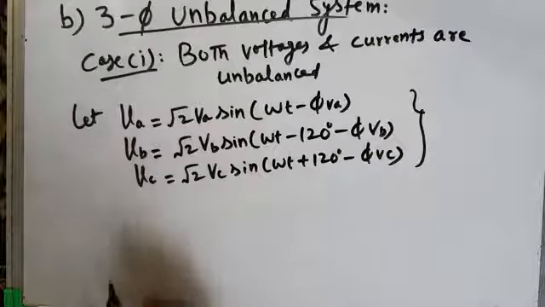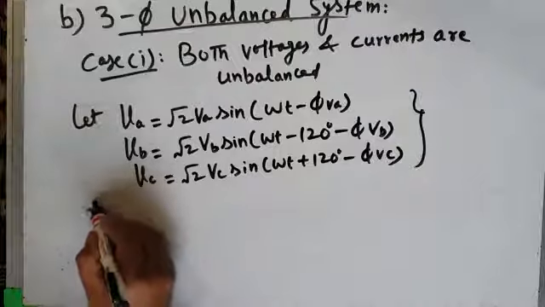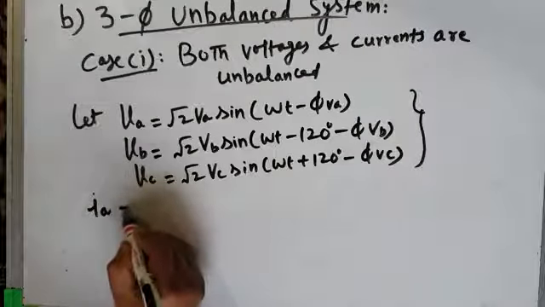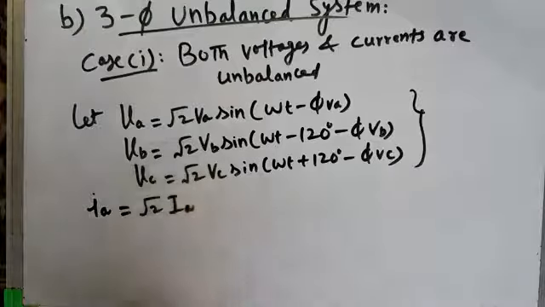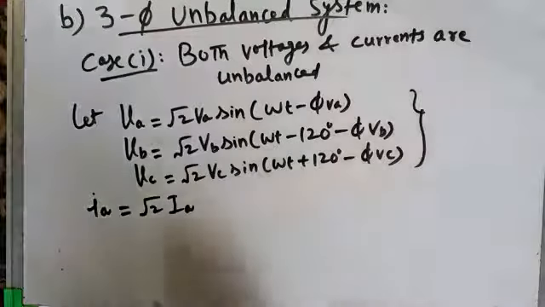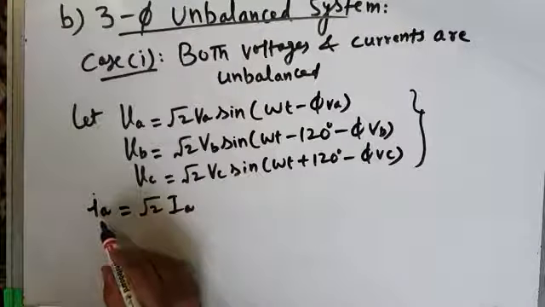What will be the set of three-phase currents? The three-phase currents are: line current iA is equal to root 2 into capital IA, where capital IA is the RMS value of line current and small iA is the instantaneous value.